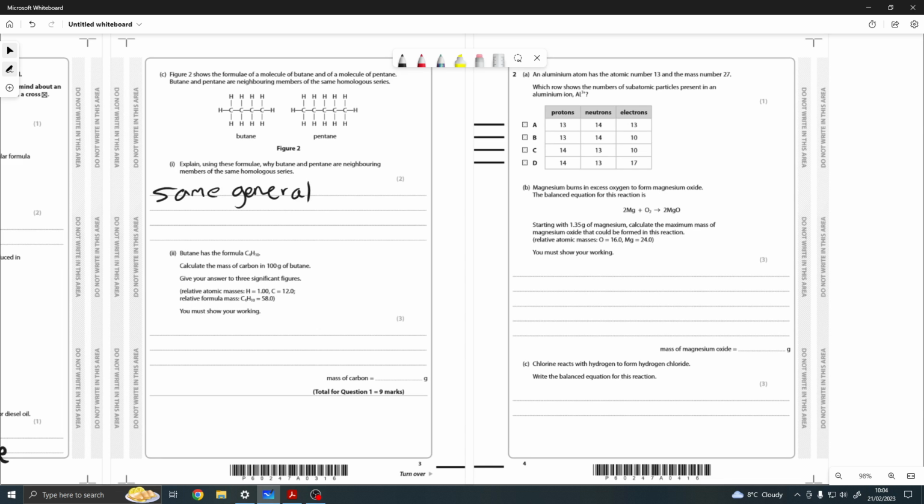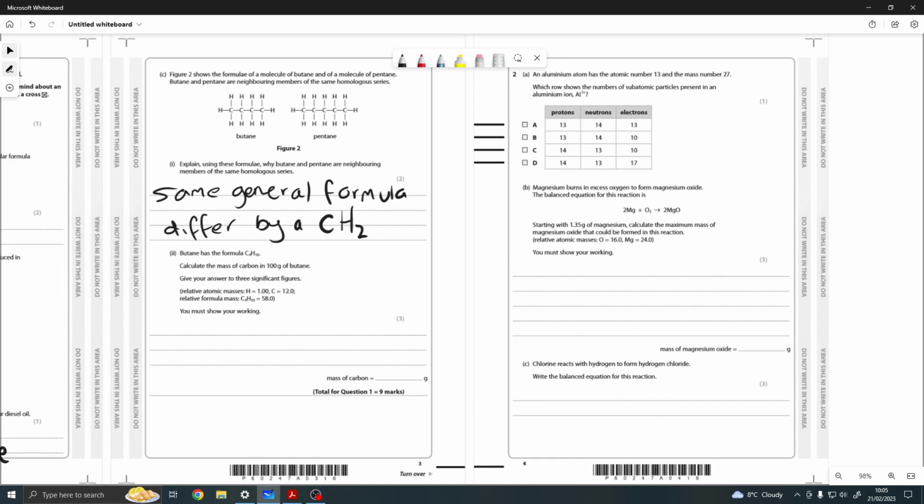They're both alkanes. Okay, so the same general formula, but they differ by a CH2. That's the difference, okay? So homologous series, same general formula, they differ by a CH2.